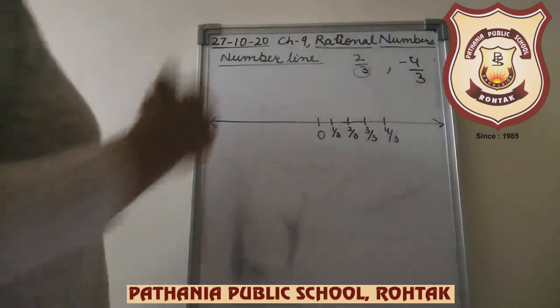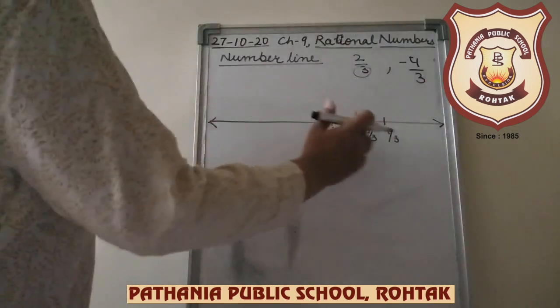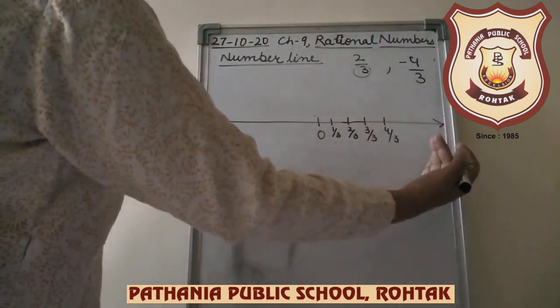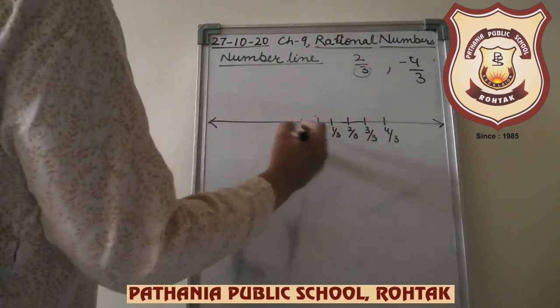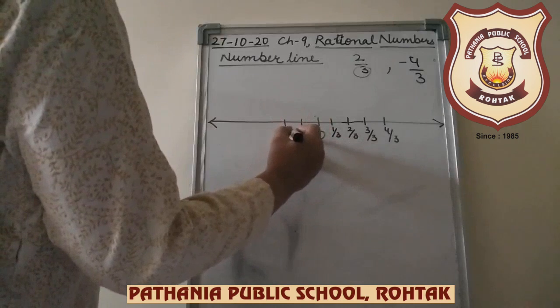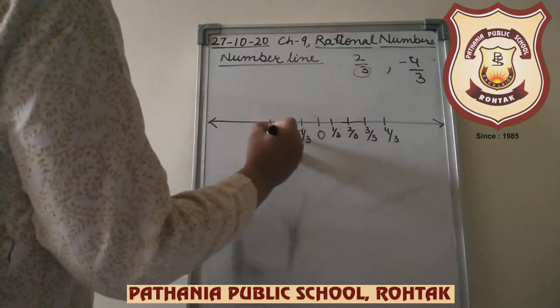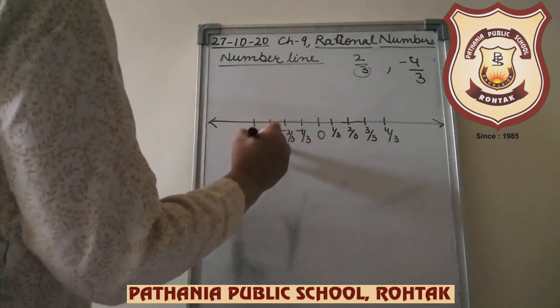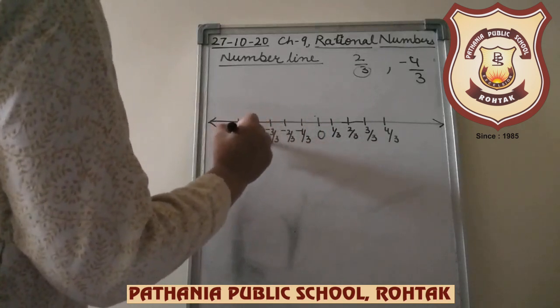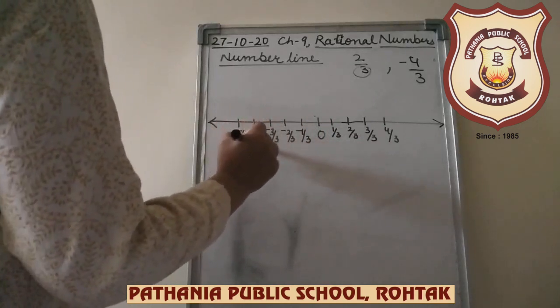In this manner, all the positive values will fall on the right hand side. Now the negative values: minus 1 upon 3, minus 2 upon 3, minus 3 upon 3, minus 4 upon 3 and minus 5 upon 3.